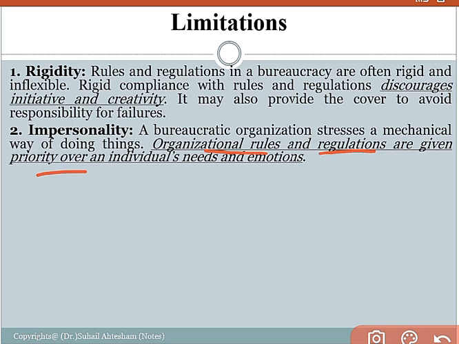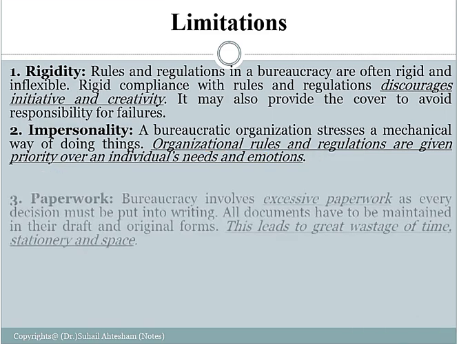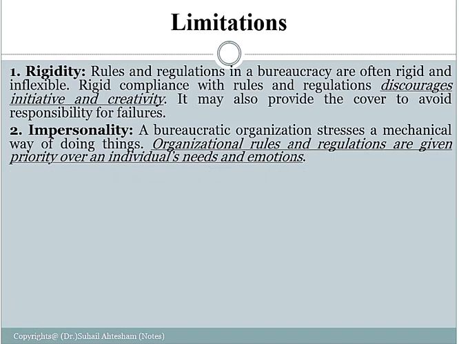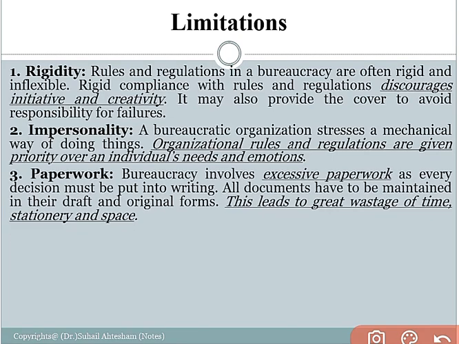So this is the limitation, the drawback of bureaucracy theory, that human relations are totally ignored in it. Next, paperwork. In bureaucracy theory, there is a lot of paperwork and excessive wastage of resources: the resources, time, stationery, and space for keeping these records. And excessive paperwork. So these are the limitations.